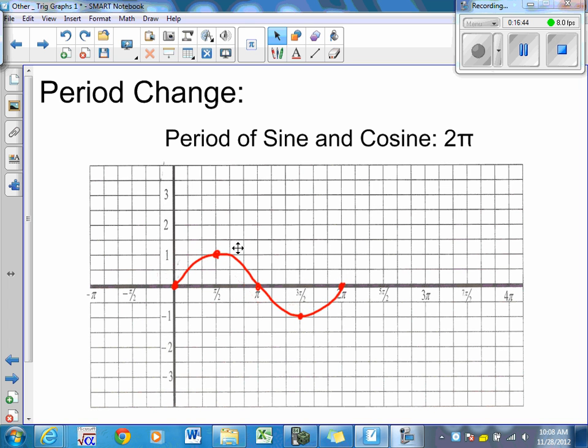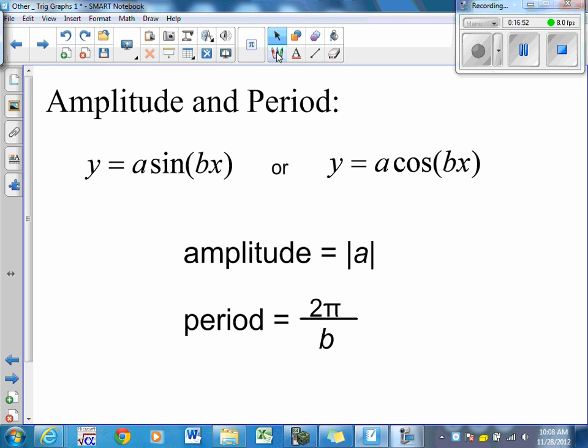They're very similar. The same period, the same wavelength. So this value b here changes my period. And the way it changes is I take 2 pi and divide it by that b. A in front is still my amplitude.